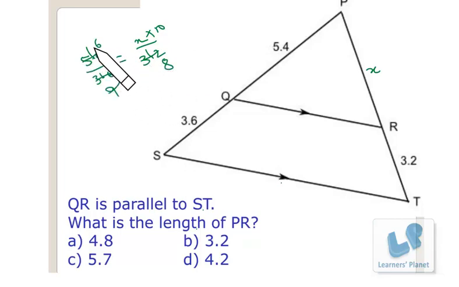So 48 by 10, that is 4.8. This is known as the basic proportionality theorem also. If triangle PQR is similar to triangle PST, then if QR is parallel to ST, PQ by QS will be equal to PR by RT. Basic proportionality theorem. I hope it's clear.